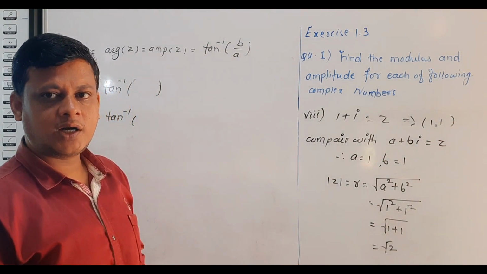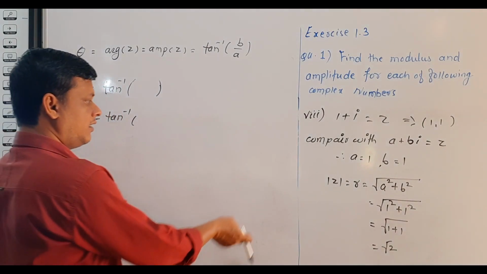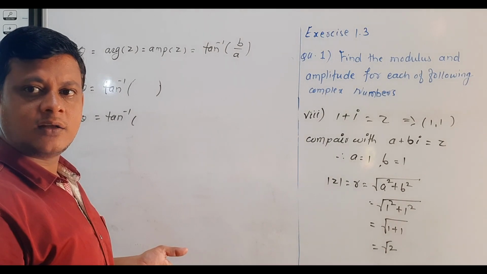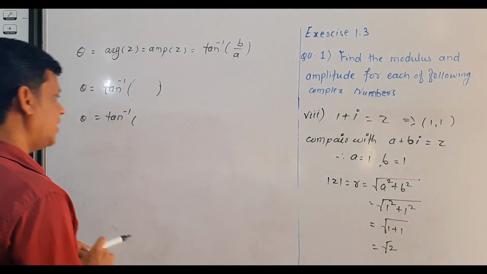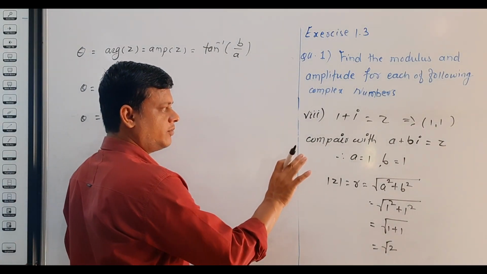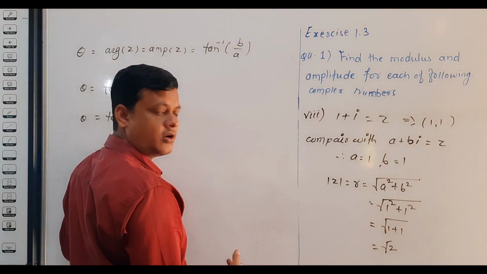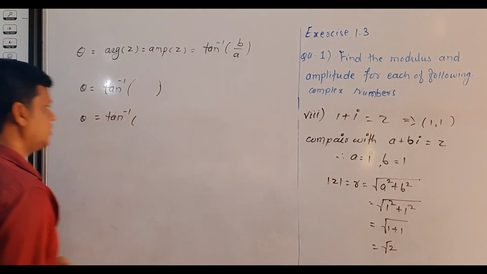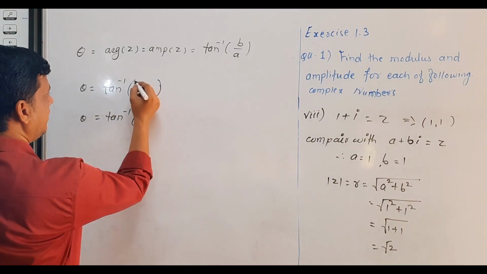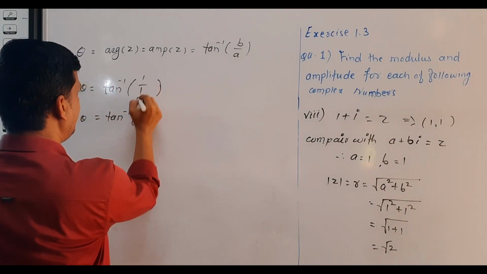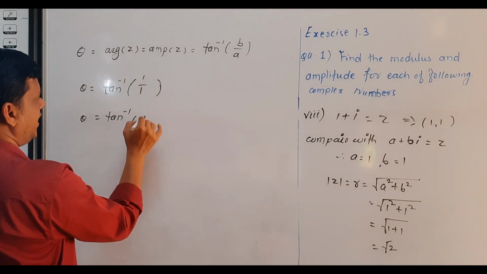So in the first quadrant, the angle must lie between 0 and 90, but 0 is not possible because the y coordinate is not 0. 90 is not possible because the x coordinate is not 0. So we calculate the value of theta as tan inverse of b by a. So 1 by 1. So 1 by 1 is 1.